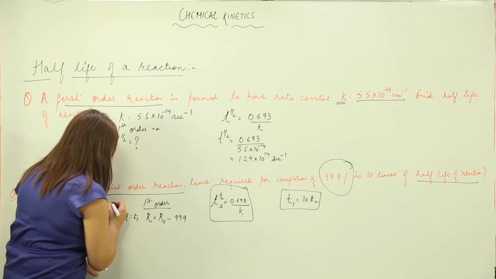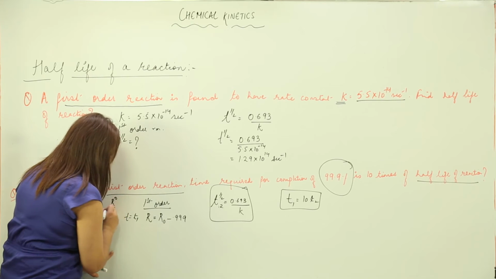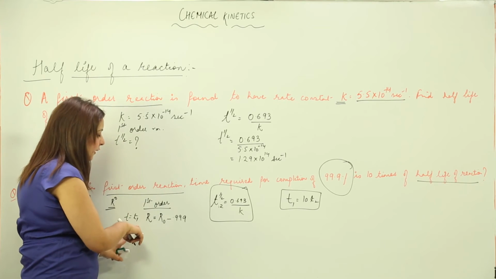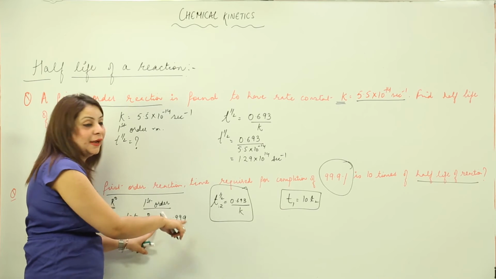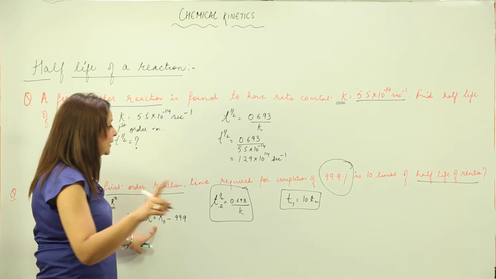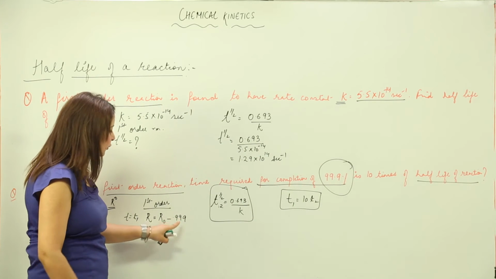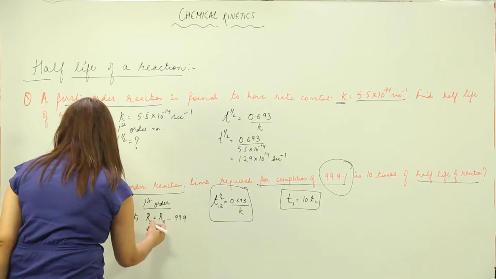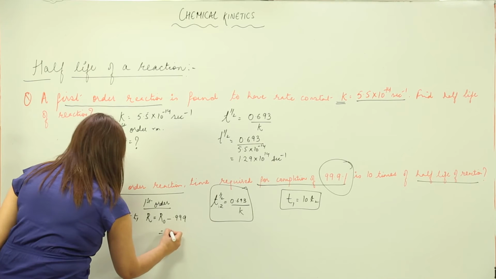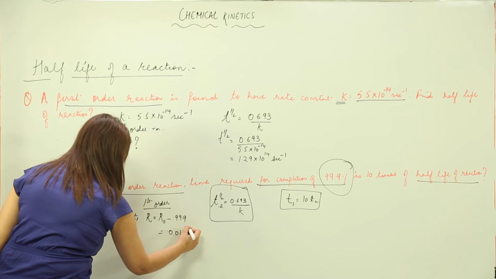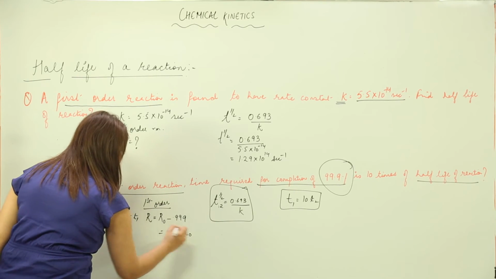So let the initial concentration be R naught, but when the time is T1, the concentration will be R naught minus 0.999 R naught, because it is the completion of this much. So it comes out to be this, and after solving we get 0.001 R naught.